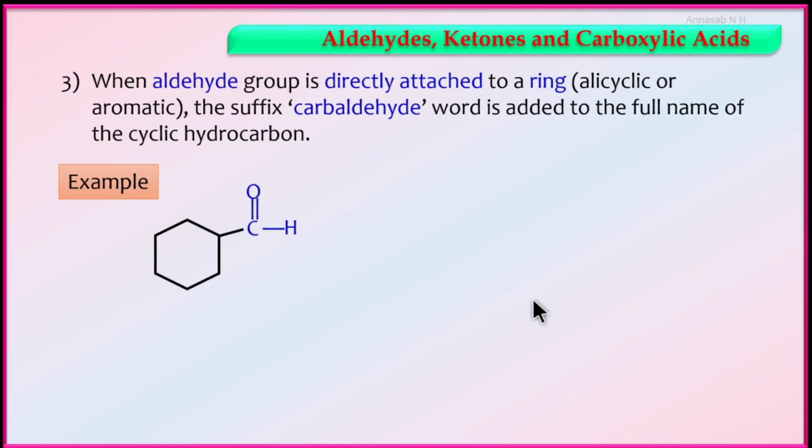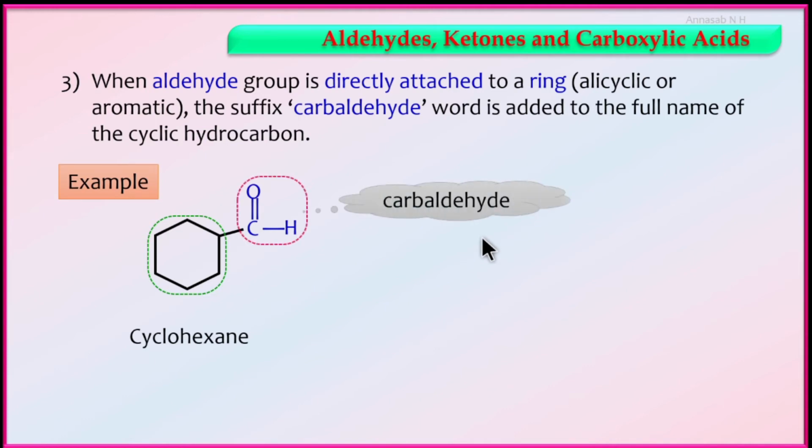So the name for this 6-membered alicyclic group is cyclohexane. Now we add the suffix carbaldehyde because the CHO group is directly attached to cyclohexane. So the name for the compound is cyclohexane carbaldehyde.